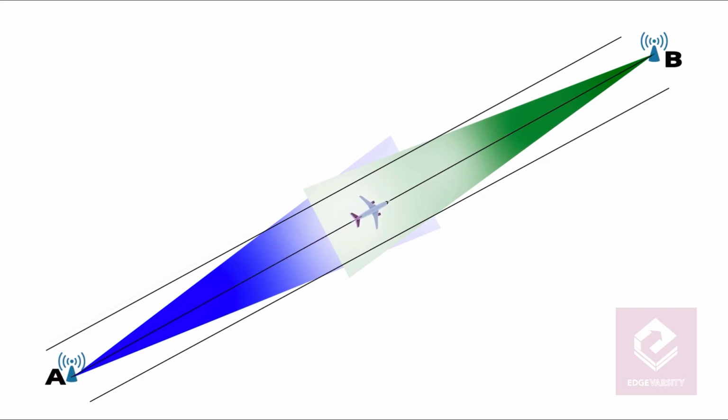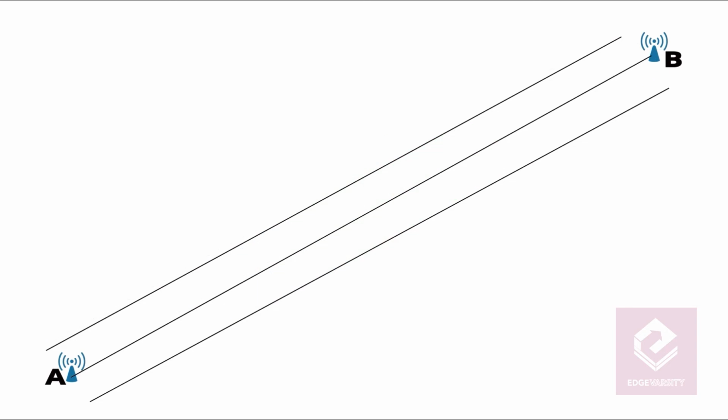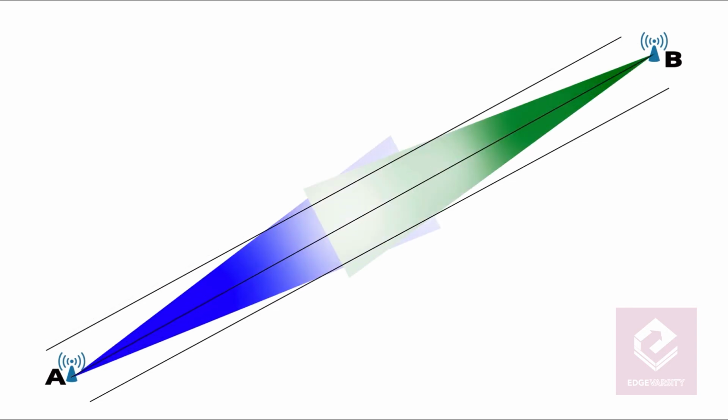As long as the aircraft remains within the range of the beacon, we can be sure that the aircraft is within the airway, which is known as the ATS route, or Air Traffic Service route. So, when the aircraft starts from A, it tunes into signals from A and makes sure that it is always within its range.